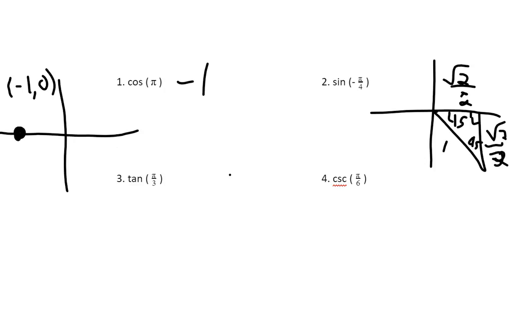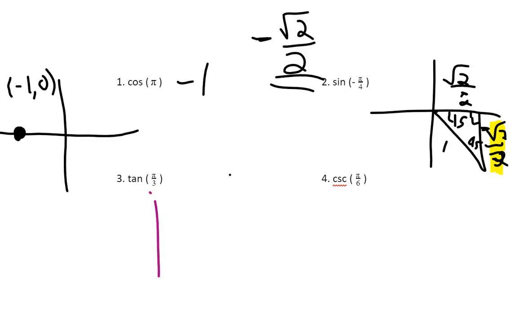Now sine is my y value. You can see my y value is over here, which is root 2 over 2. Very important to notice, since that is below the x-axis, that is going to be a negative value. So for number 2, I would get negative root 2 over 2. That negative is very important to make a note of. The one thing you will also realize is that the radius of your circle is always going to be positive. Cannot have a negative radius.